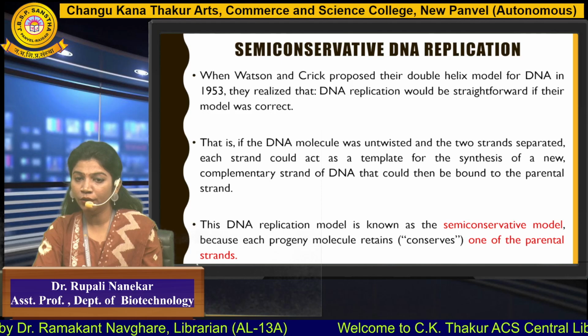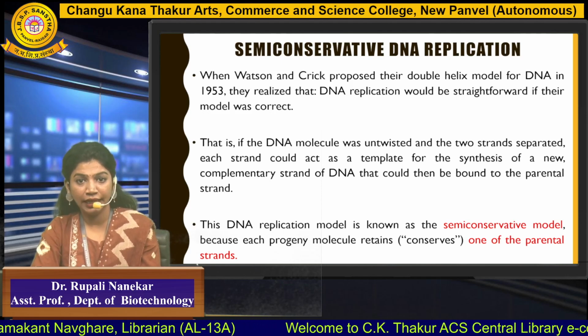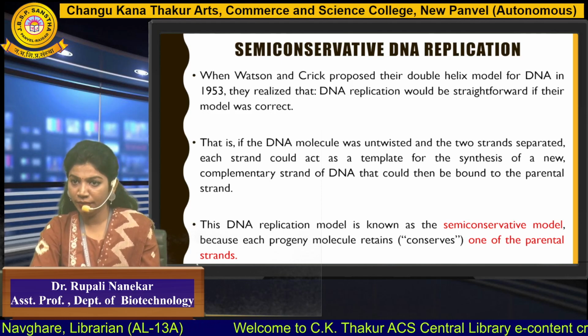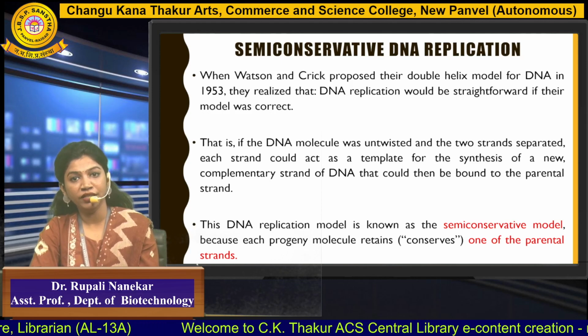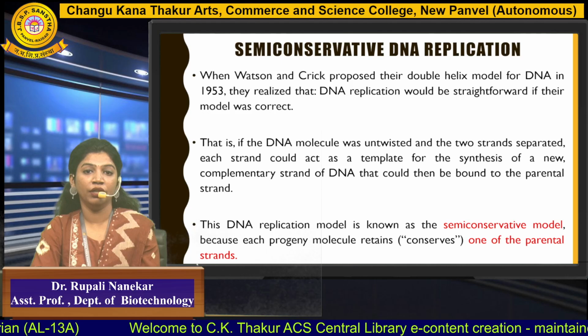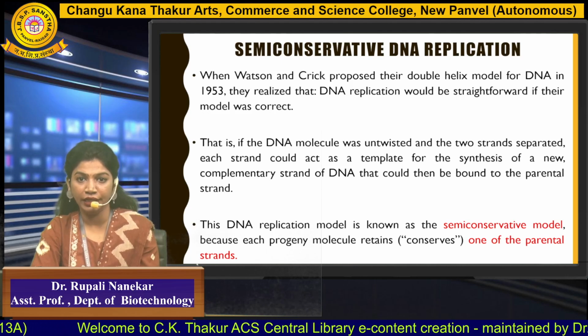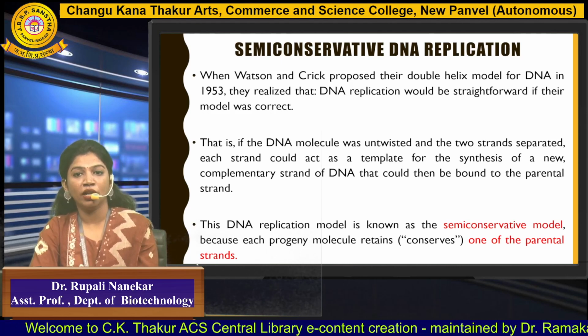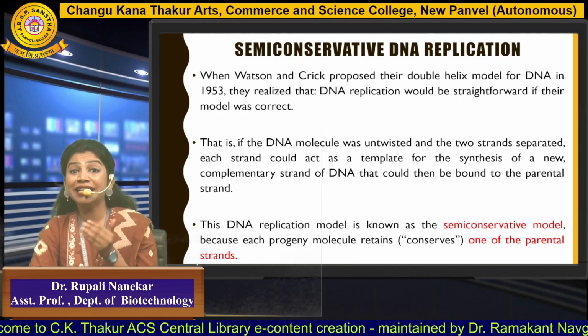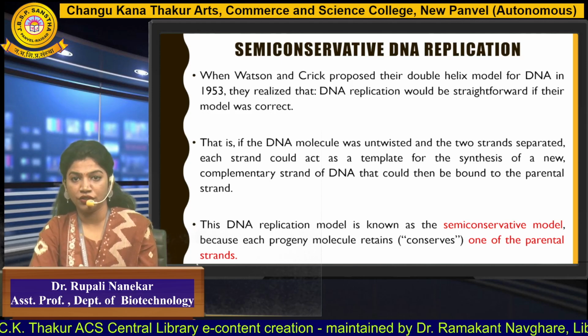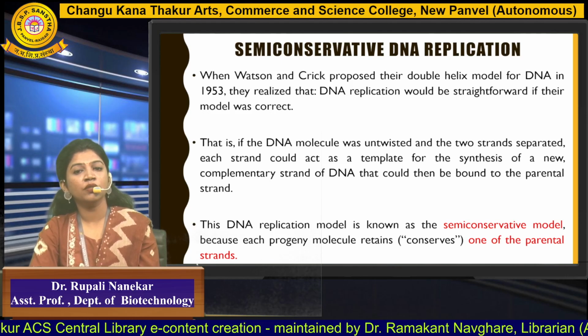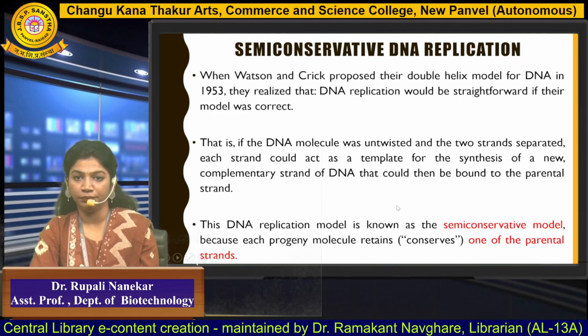If the DNA molecule is untwisted by the helicase enzyme, the two strands will be separated. One will be the template strand, onto which a new complementary strand is built. Now, when this has been transferred, your parental strand is conserved in the first generation and so on. This is your semi-conservative model.